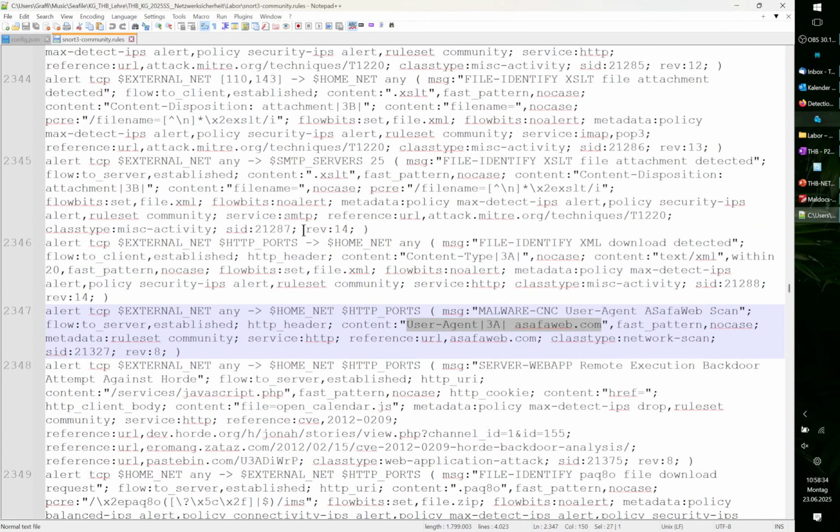Or if this happened, this is a signature, this is a pattern. If this file name is identified, this is a pattern.